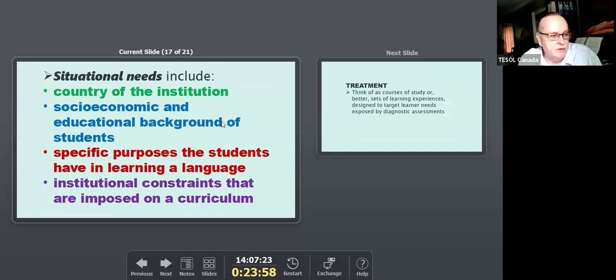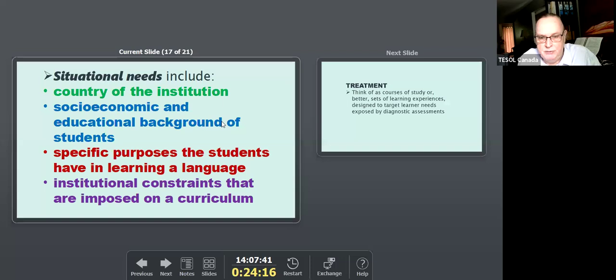Situational needs include the country of the institution, the socioeconomic and educational background of the students, specific purposes the students have in learning a language, and the institutional constraints that are imposed on a curriculum.